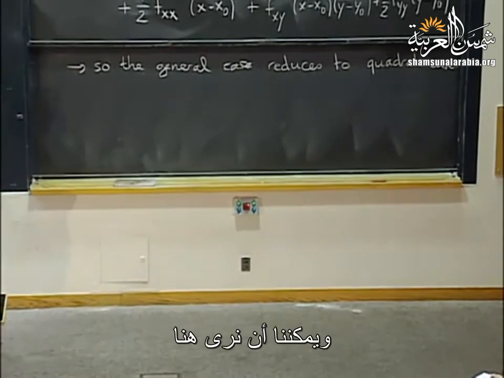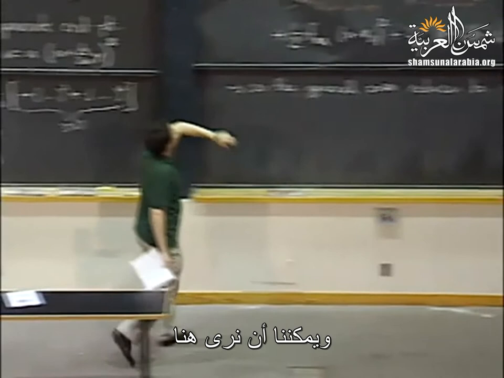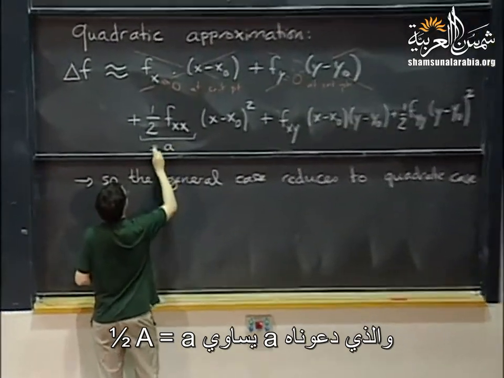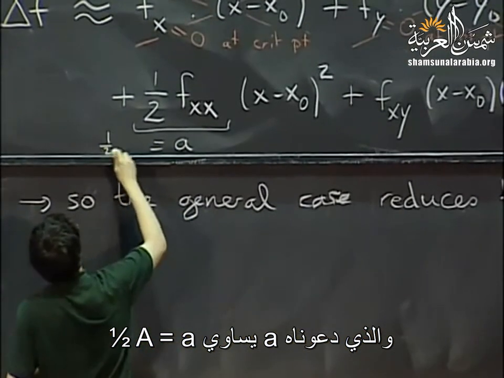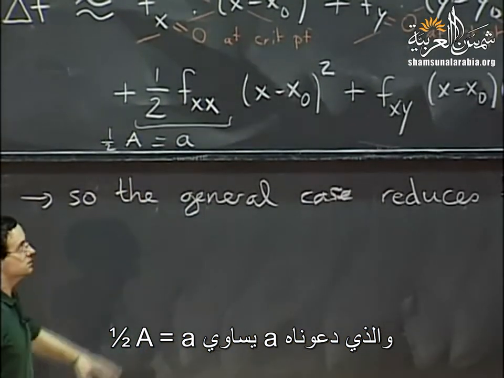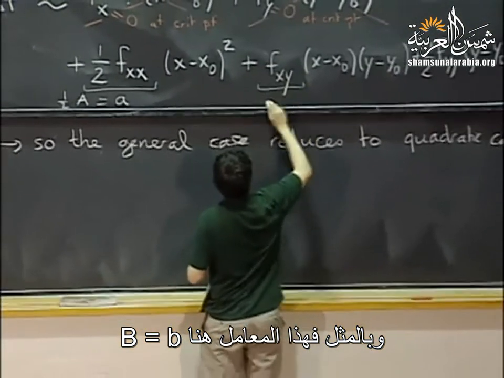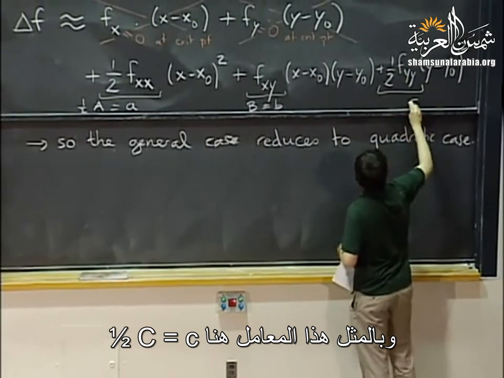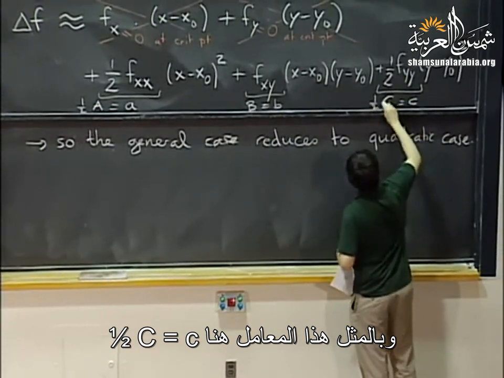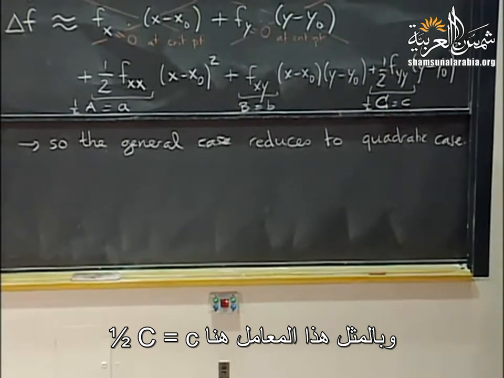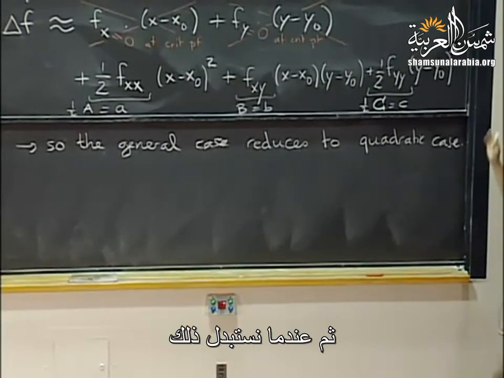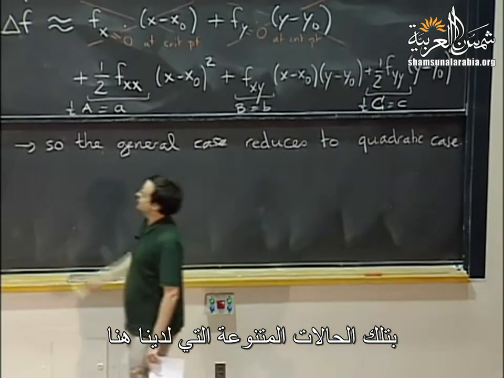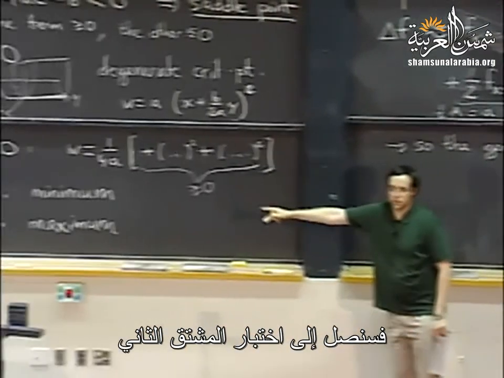And here you see again how this coefficient, which we used to call little a, is also 1/2 of capital A. And same here, this coefficient is what we call capital B or little b, and this coefficient here is what we called little c, or 1/2 of capital C. And then when you replace things into the various cases that we had here, you end up with the second derivative test.